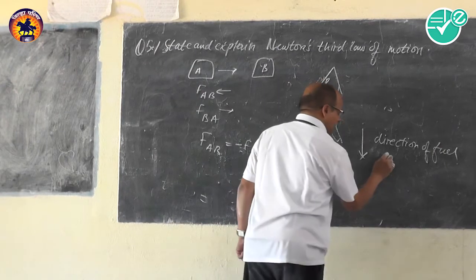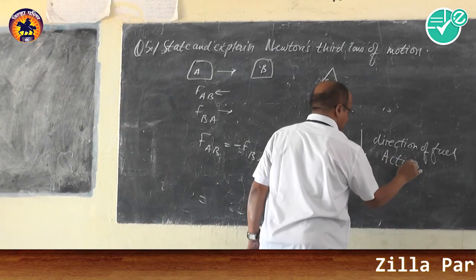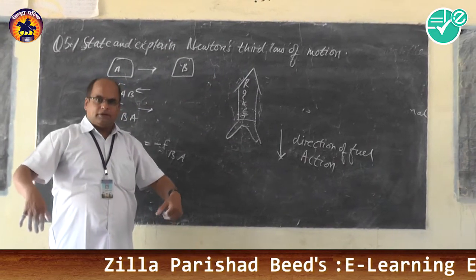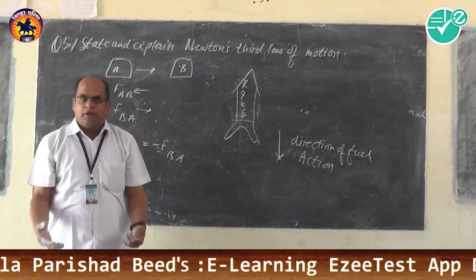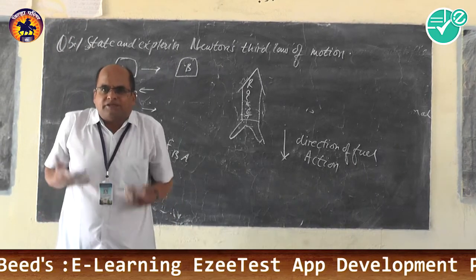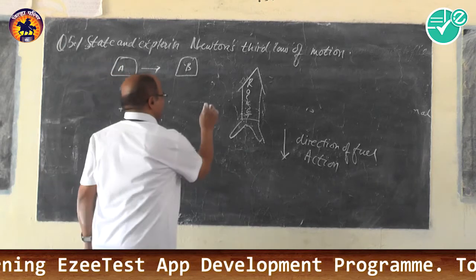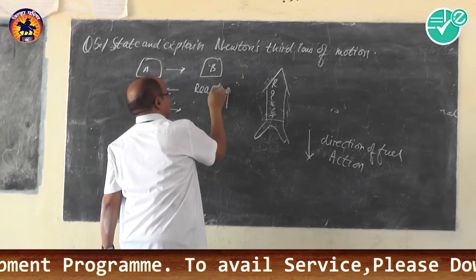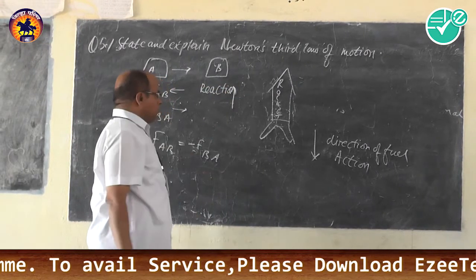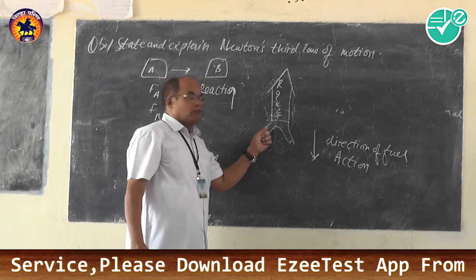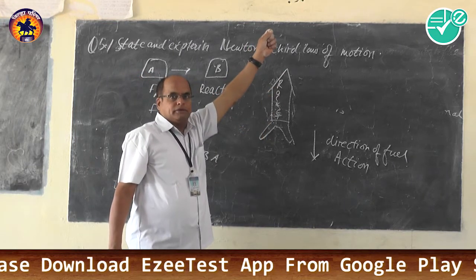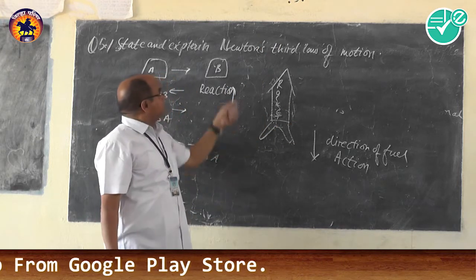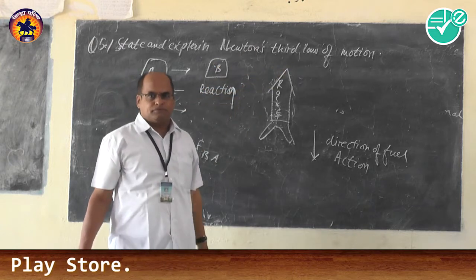This is nothing but action. When this fuel strikes the ground, it gives a reaction, that means it rebounds, and the reaction is this way, because of which the rocket moves vertically upward. The launching of a rocket from the ground is an example of Newton's third law of motion.